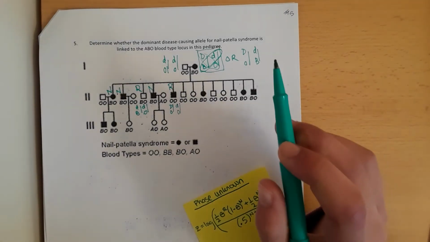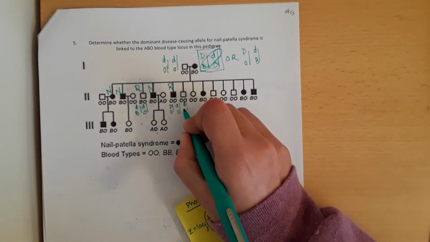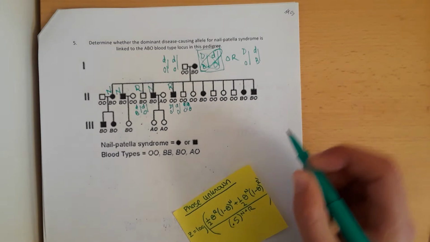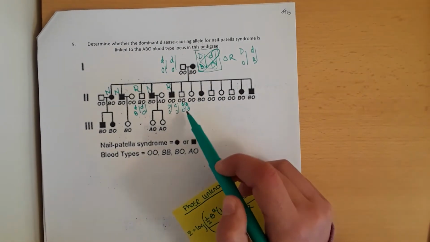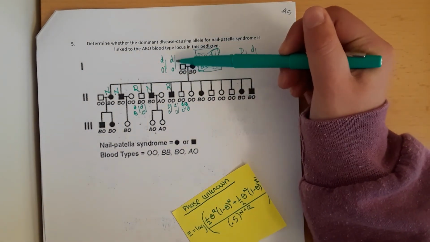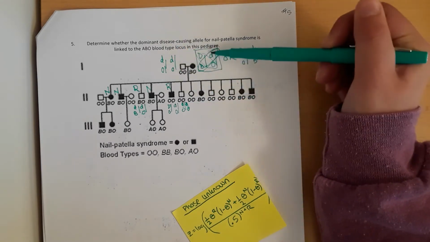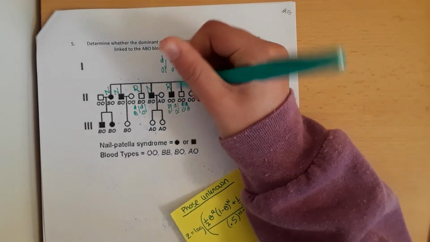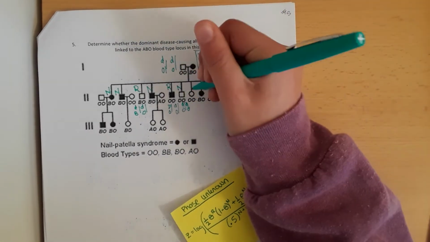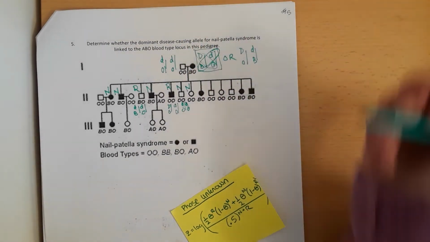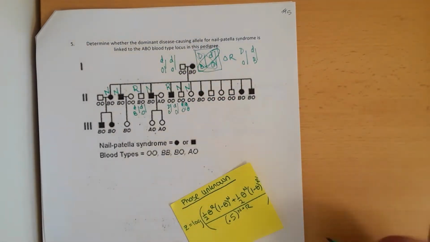Here we have lowercase do, which is what we expect. We get a lowercase do from dad and then lowercase do from mom. So non-recombinant. This is as well non-recombinant because it's the same thing.